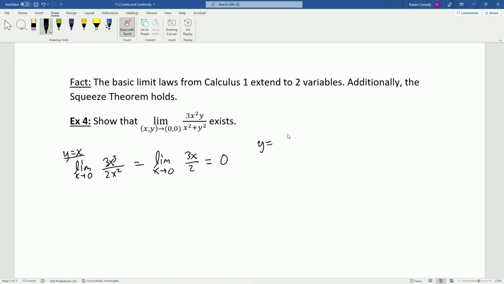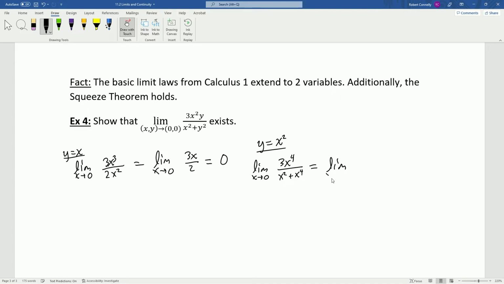How about something a little weirder, like y equals x squared? So then we get the limit as x goes to 0 of 3x to the 4th over x squared plus x to the 4th.